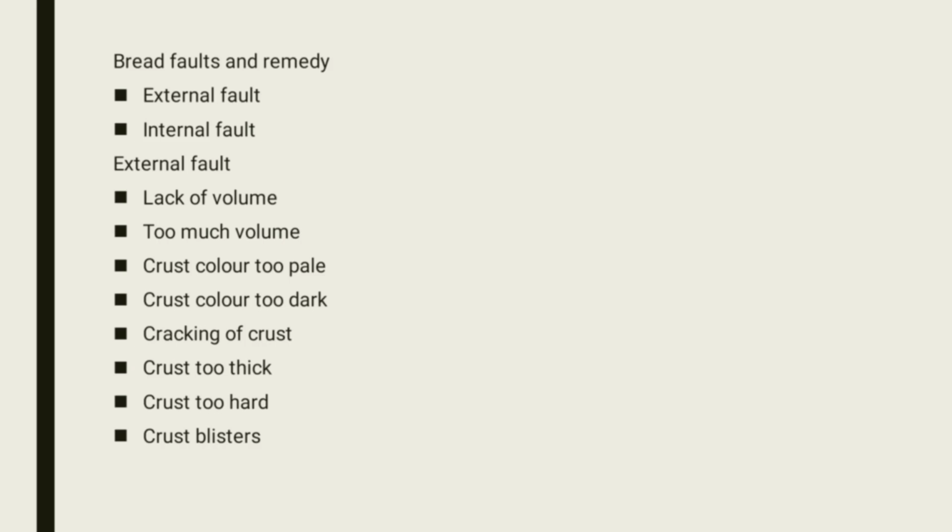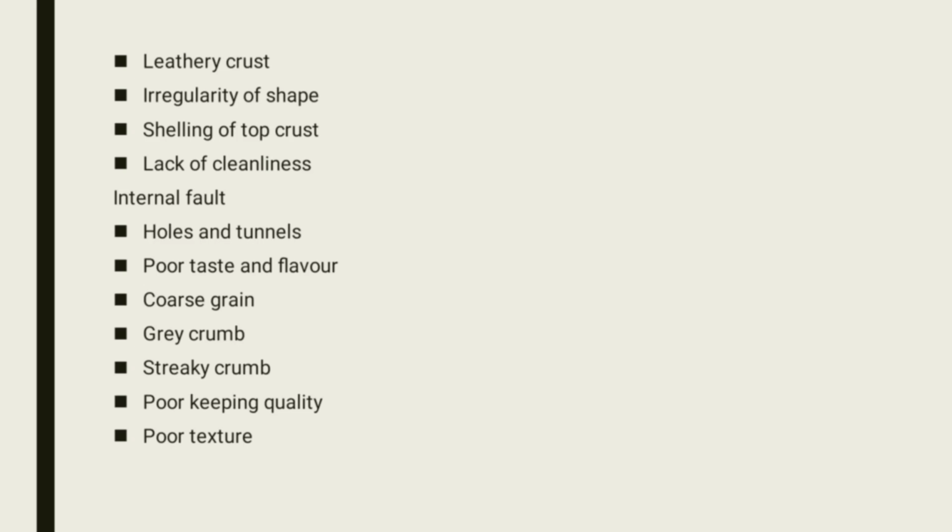External faults include lack of volume, too much volume, crust color too pale, crust color too dark, cracking of crust, crust too thick, crust too hard, crust blisters, leathery crust, irregularity of shape, shelling of top crust, lack of cleanliness.